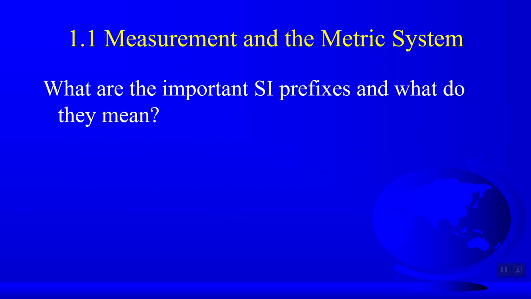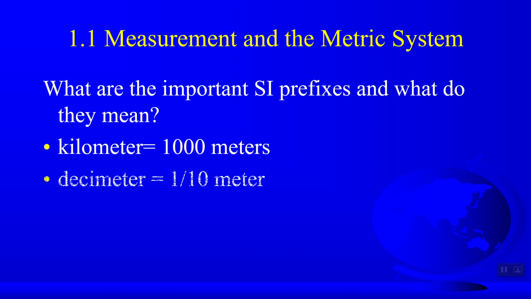So what are the most important prefixes and what do they mean? Okay, kilo. If you have a kilo in front of meter, that means you have 1,000 meters. Kilometer, 1,000 meters. So 1,000 meters is equal to 1 kilometer. Kilometer is 1,000 times bigger than a meter. A decimeter is 1/10 of a meter.